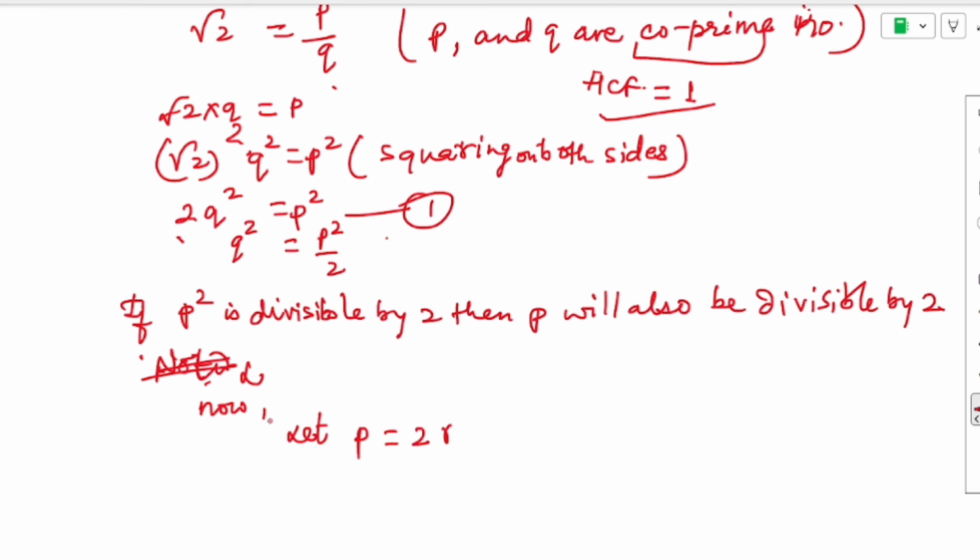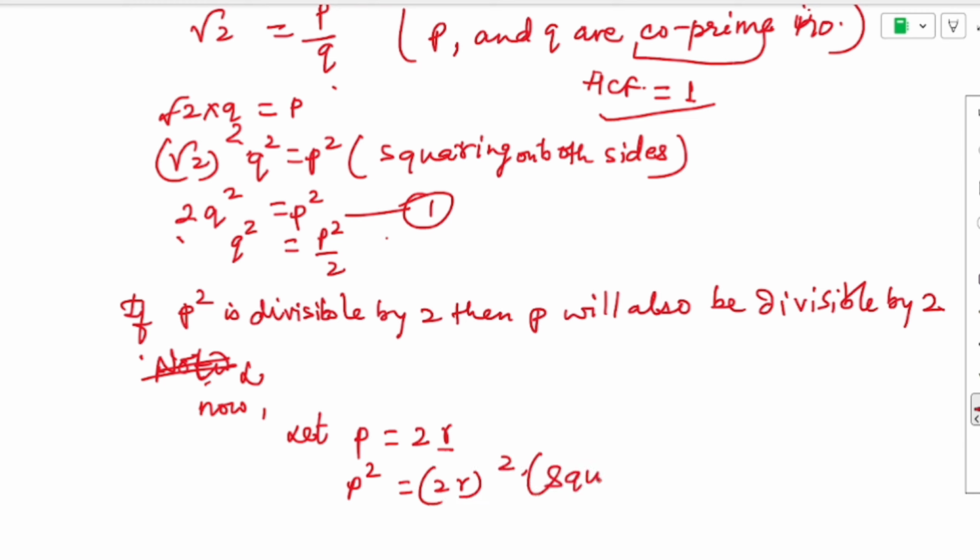Because we had seen that P is divisible by 2, so 2 is one of the factors of P, so we can assume another number R, and P is the multiple of 2.